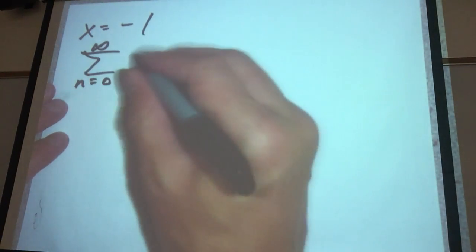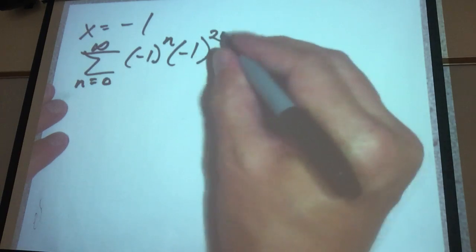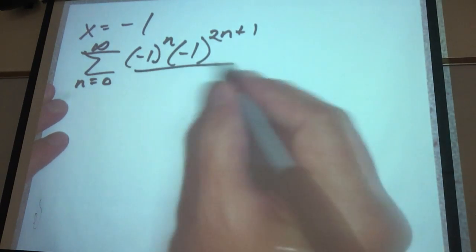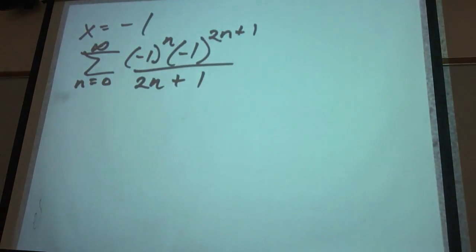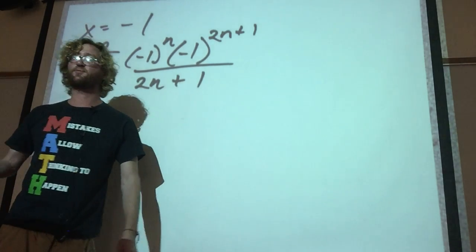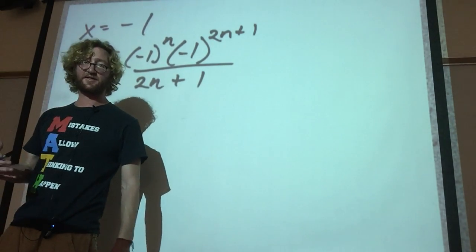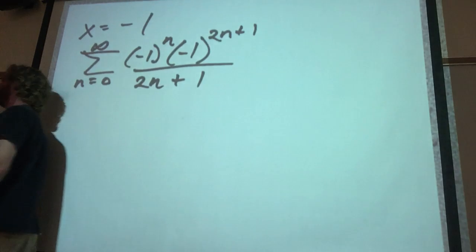All right, now if I plug in x equals negative 1, we have the sum n equals 0 to infinity of negative 1 to the n, now negative 1 to the 2n plus 1, divided by 2n plus 1. Now negative 1 to the 2n plus 1, what is that going to be? That's going to be negative 1, negative 1 cubed, negative 1 to the 5th, negative 1 to the 7th, like that. It's always negative.